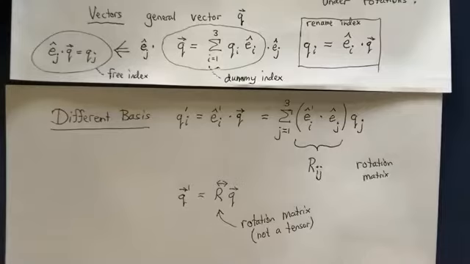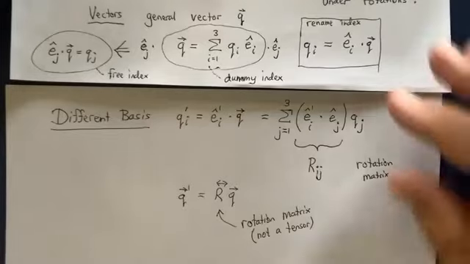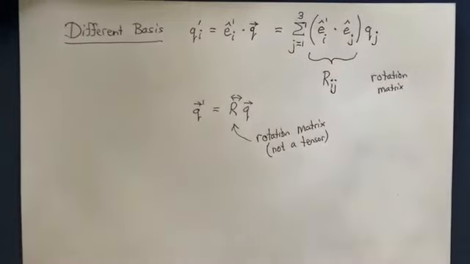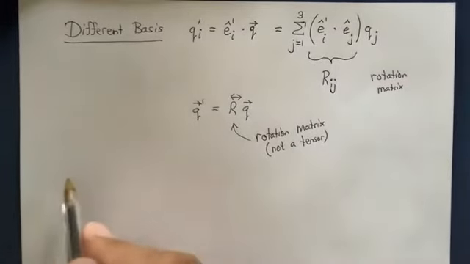Okay, so let's talk about this notion of transformation properties, and we'll make a nice summary here. It'll be useful to summarize some of the various things we've introduced. Okay, so this will be a fun table.